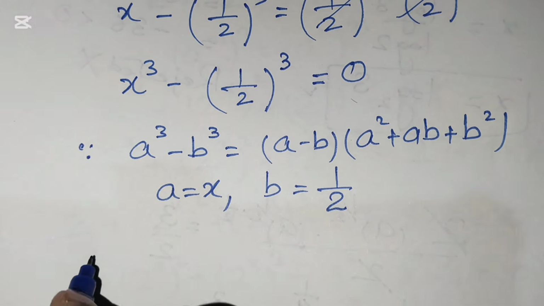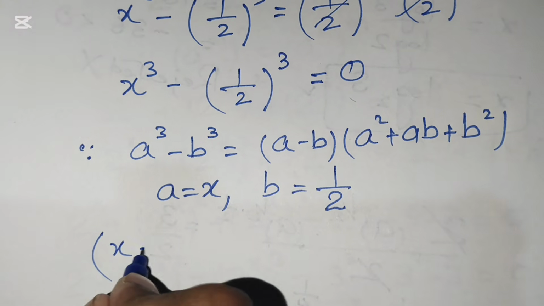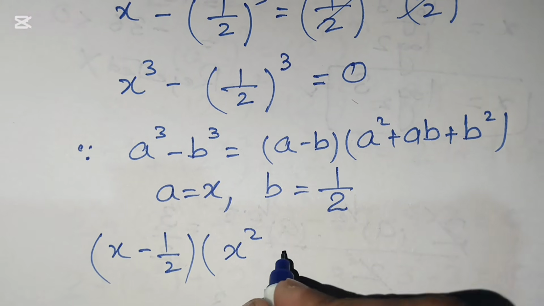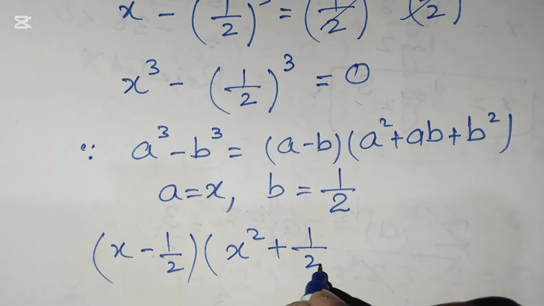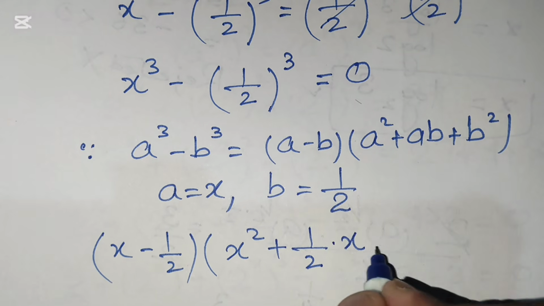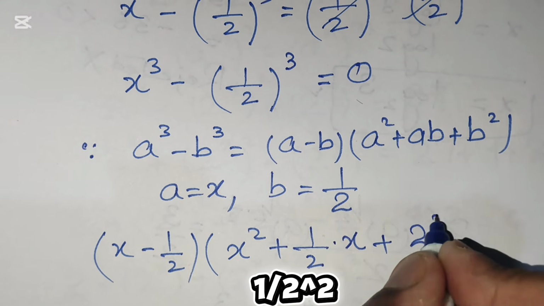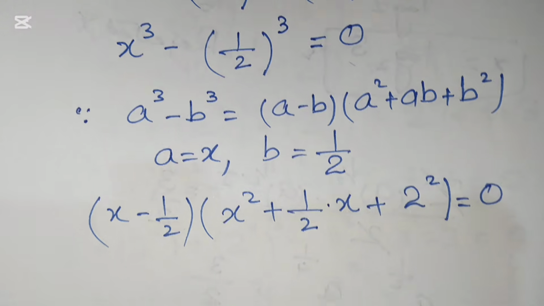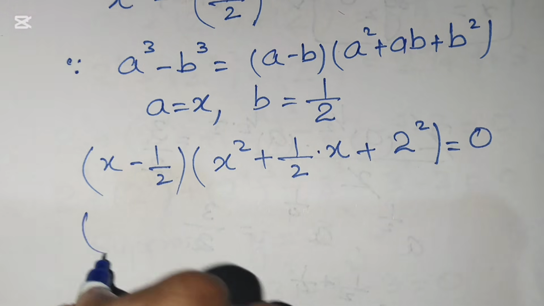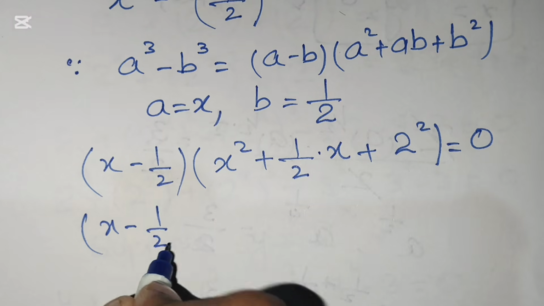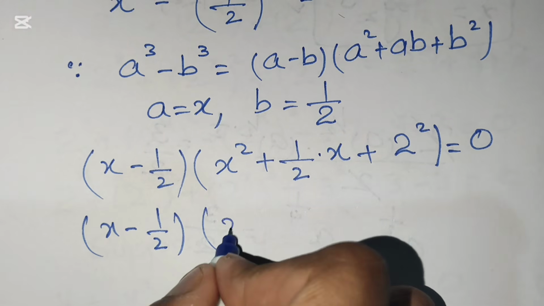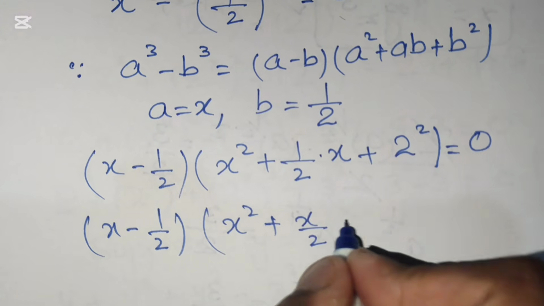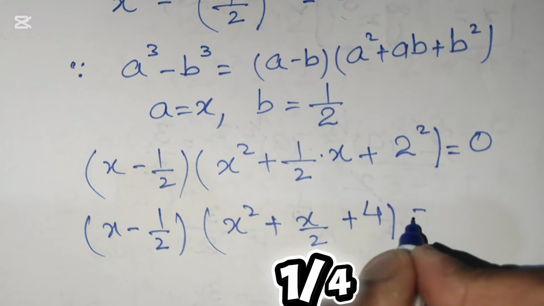We have (x minus 1 by 2)(x square plus 1 by 2 times x plus 2 square) is equal to 0, or it will be written as (x minus 1 by 2)(x square plus x by 2 plus 4) is equal to 0.